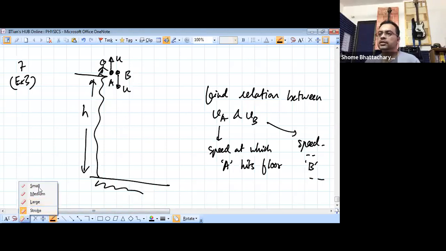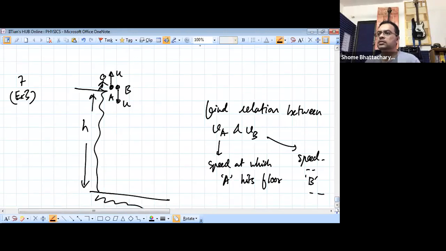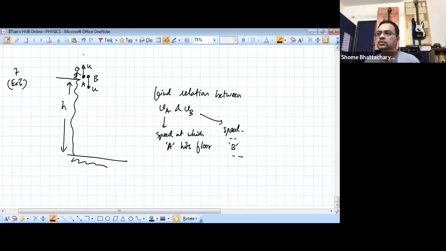Let me in fact color code them. What will happen here is the stone A will tend to go up first, go up like this, and then return back, and then come and hit the ground with some speed VA.